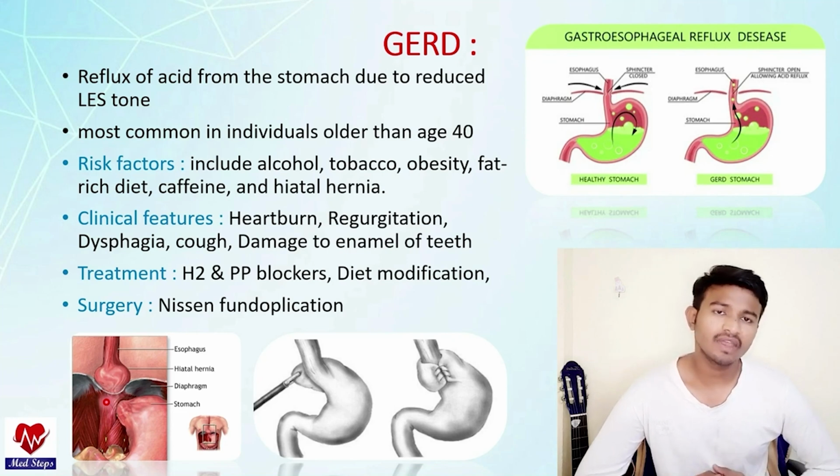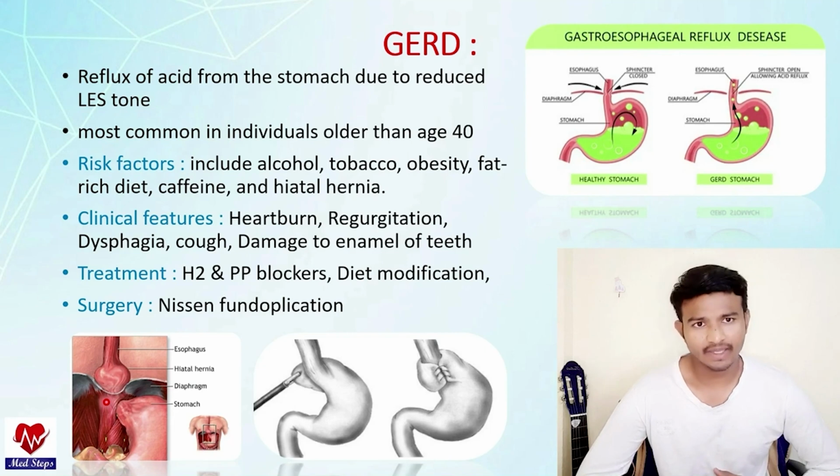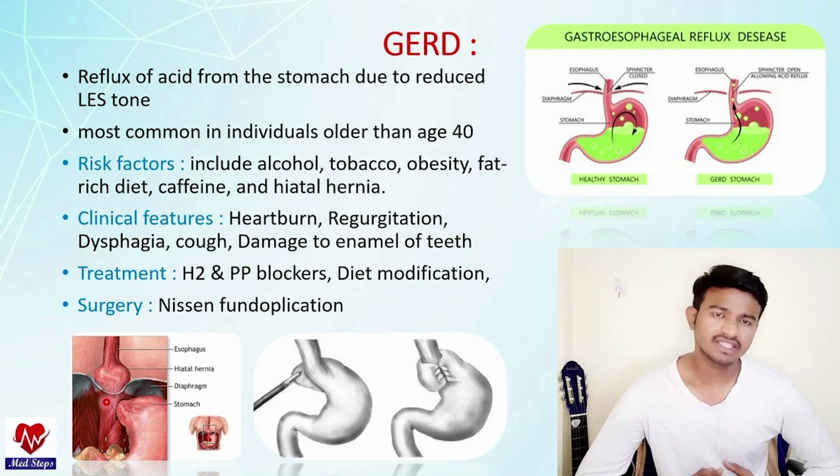So in GERD, what are the complications we can see? Esophageal strictures, then Barrett esophagus, which we will study later, and then adenocarcinoma. For treatment, we have to suggest diet modification and histamine blockers.